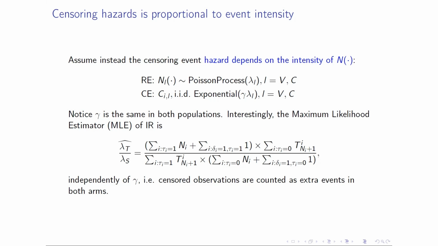And this would then be the maximum likelihood estimate for vaccine efficacy. Well, actually not for vaccine efficacy, but for 1 minus vaccine efficacy, which is the incidence rate ratio. In case of censored observations, you also have to count the number of censored, whereas the naive estimator will be biased because of informative censoring.